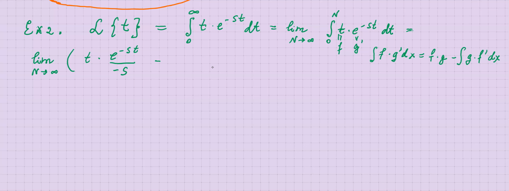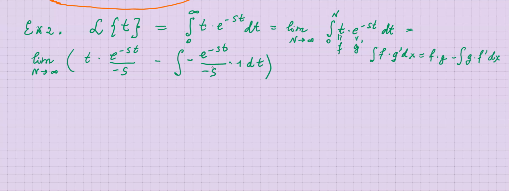So now I need to copy g. My f is t, my g is negative e to the power of negative st over s, minus the integral. I have to copy my g, which is e to the power of negative st over negative s, multiplied by the derivative of my function f, which is equal to 1, and then continue integration by t.